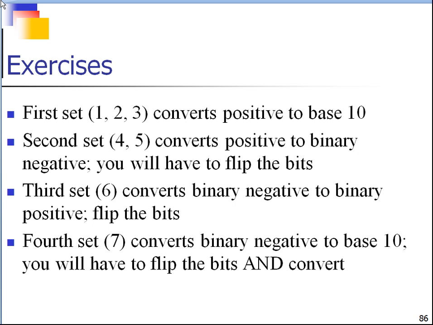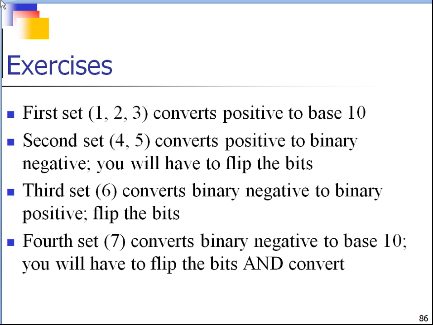Each one has more bits that are turned on. That's how it works. 4 and 5 convert it to negative, so you're going to have to flip the bits and add 1 there. And the third set, number 6, is grouped with 4 and 5. It takes negative and turns it back to positives. Again, you'll have to flip the bits and add 1.